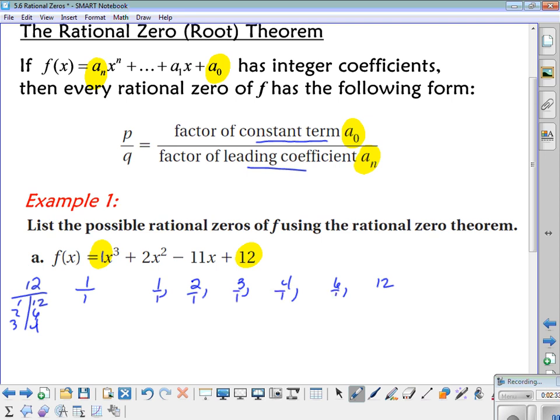Is putting them all over 1 really going to change anything? No. And then, of course, it would be plus or minus. I've shown that to you that way, but I would normally just write down the answer right away. You don't need to write it over 1.